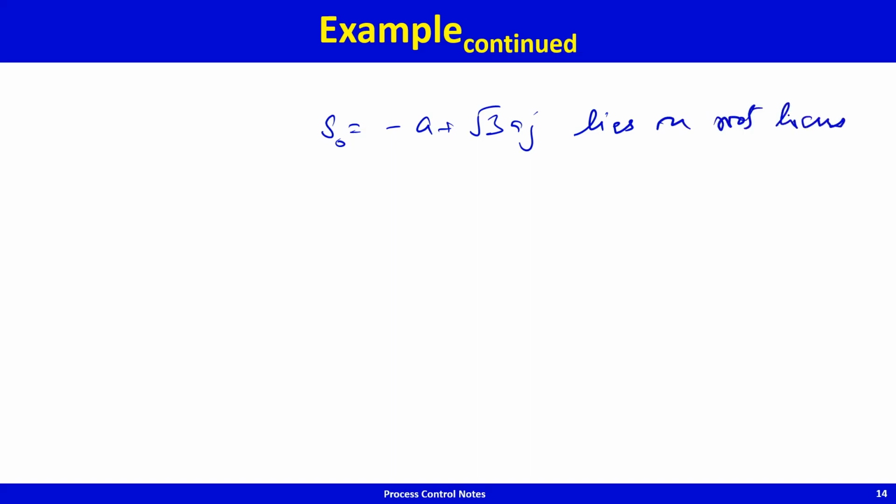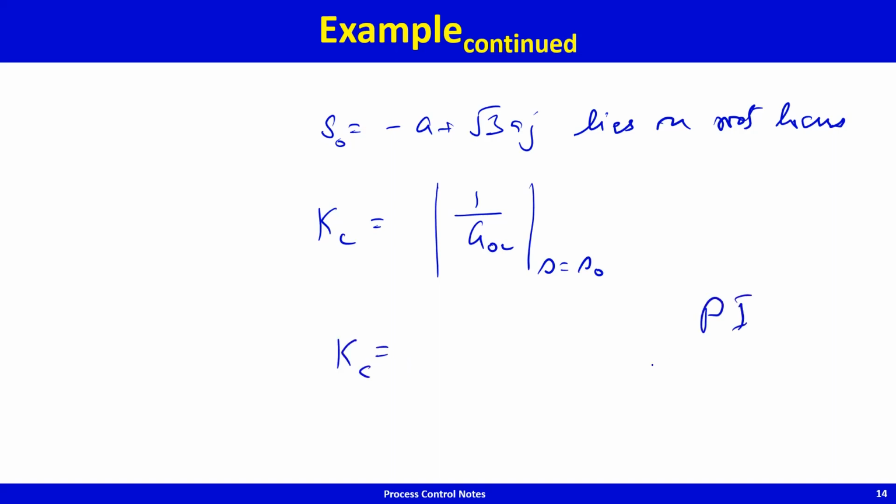At this point I get my Kc as 1 by the absolute value of G open loop calculated at s equal to s naught, and thus I get the PI controller design with tau I equal to 5 minutes and Kc as calculated, which will follow shortly in the next slide.